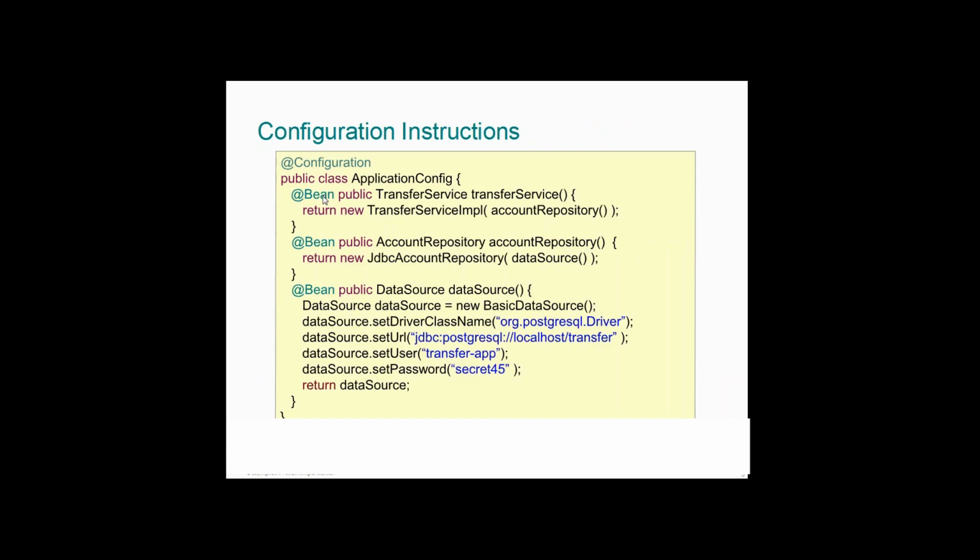When it creates this application context object, behind the scenes it goes through each and every method that has been annotated. The method name becomes the key, and what the method returns becomes the object, the value of that key.